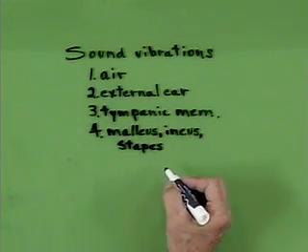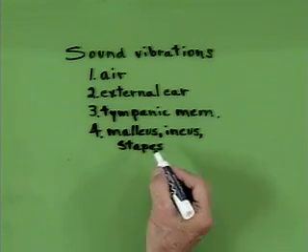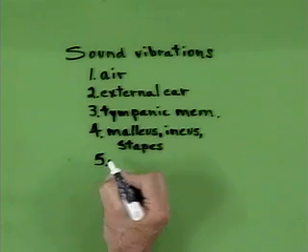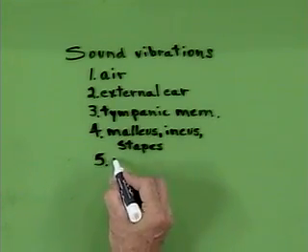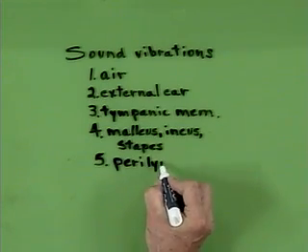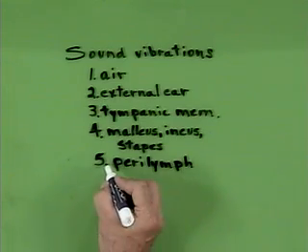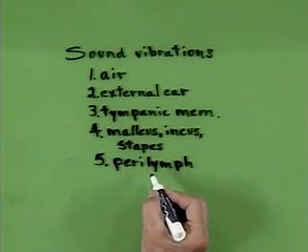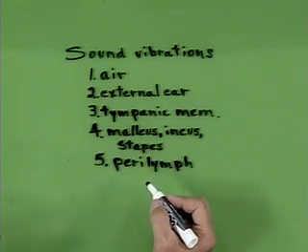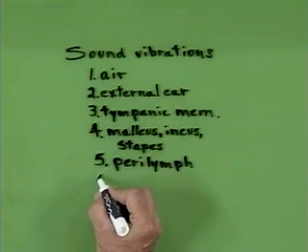Stapes articulates with the temporal bone, but when the stapes actually vibrates, those sound vibrations are next passed to perilymph. Then the sound vibrations have to pass through the vestibular membrane into endolymph within the cochlear duct.